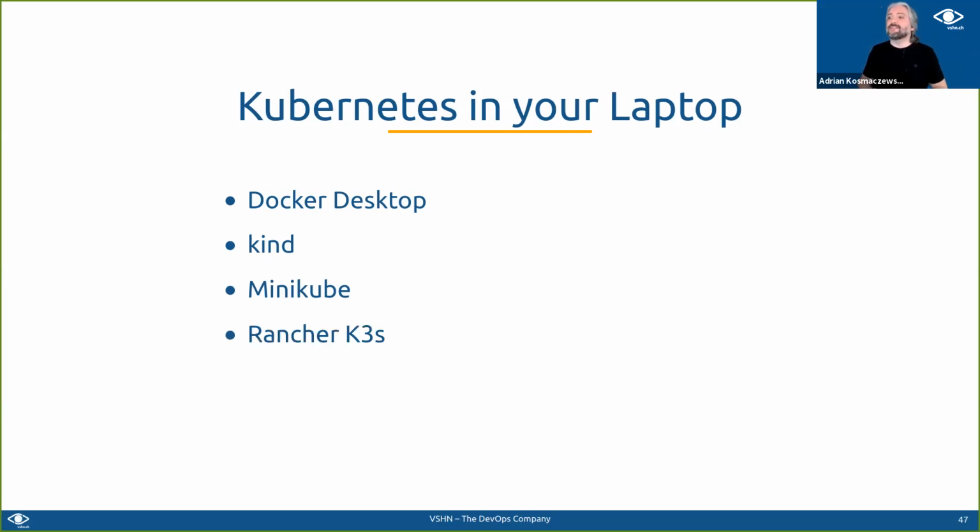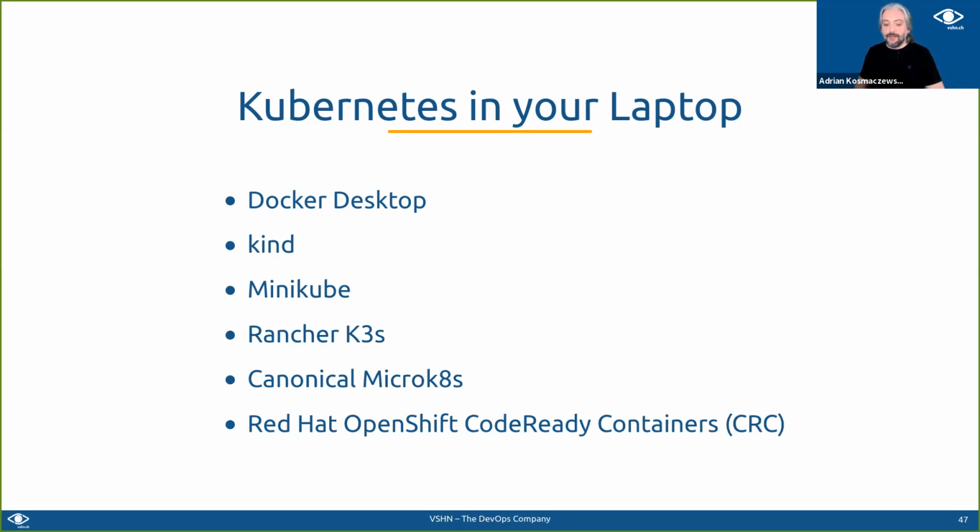There are other projects that offer Kubernetes on your laptop, which are Kind, Minikube, Rancher K3s. Canonical, the people doing Ubuntu, also offer MicroK8s, and Red Hat offers a small version of OpenShift that you can install on your own laptop. So as you can see, lots of flexibility, lots of options.